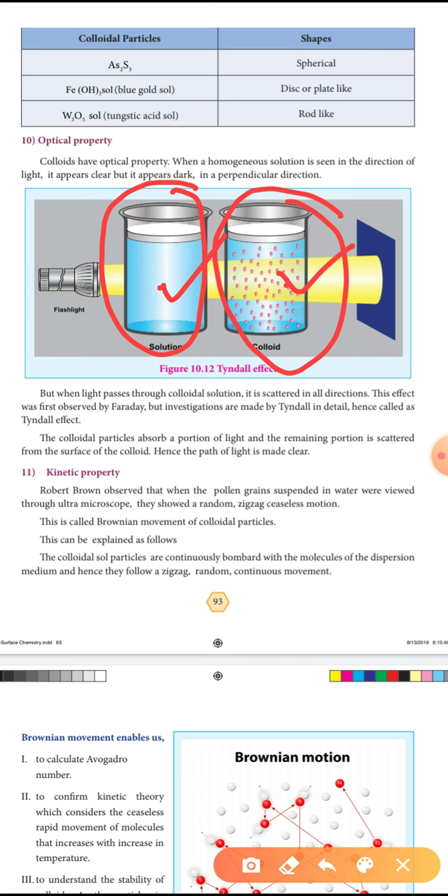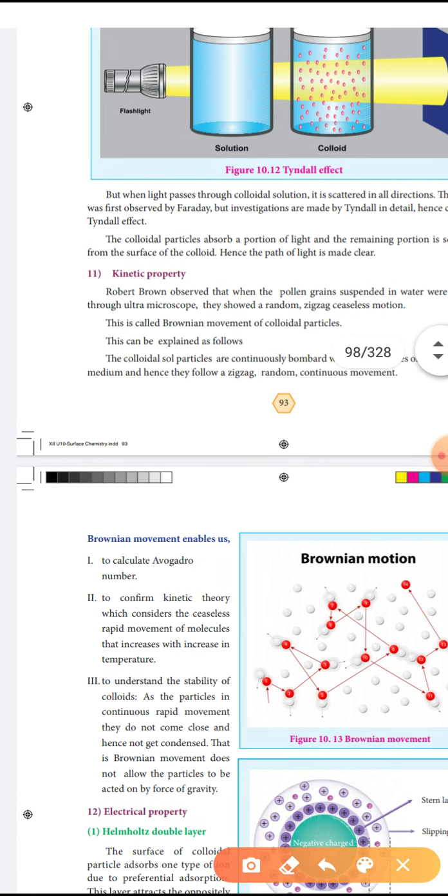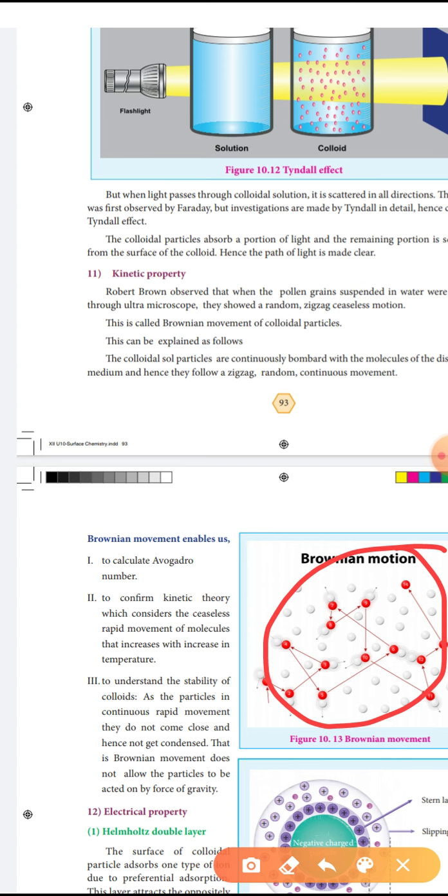The colloidal particles are continuously bombarded with the molecules of the dispersion medium, and hence they follow a zigzag or random continuous movement. See the diagram here. The molecules are moving in random positions, that is called Brownian movement.